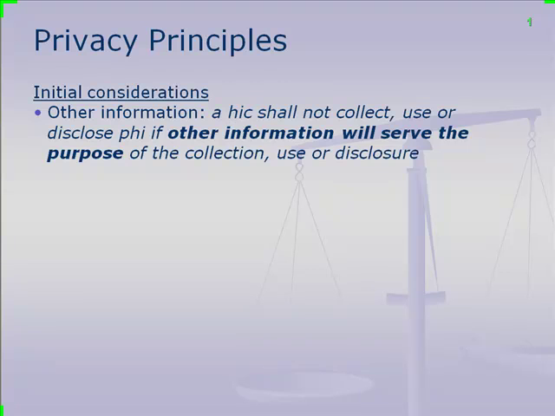And I think both of these principles are probably not given the attention that they deserve, because, using Deborah's example, if the other information is de-identified information, then the legislation in this case requires that the information be disclosed by the HIC in de-identified form.